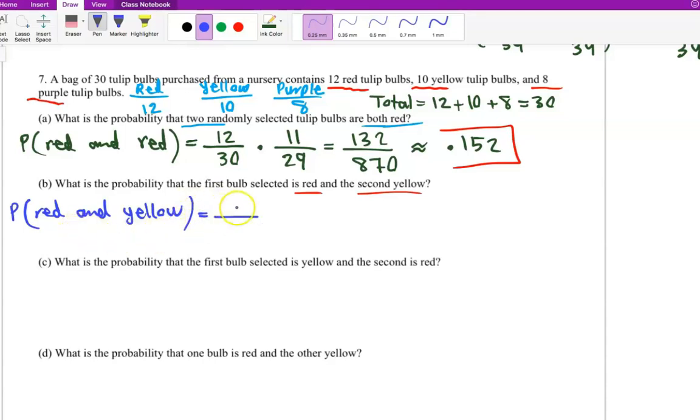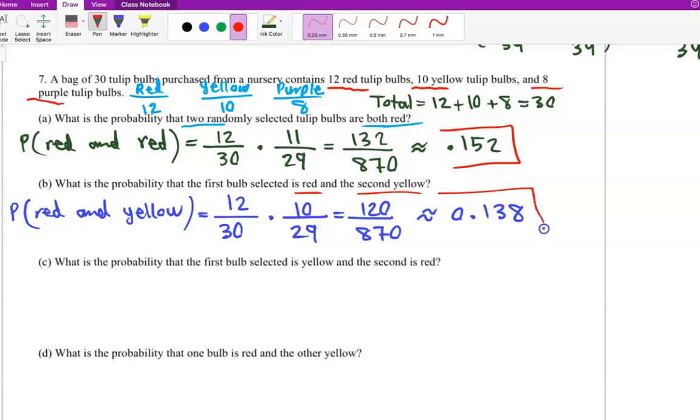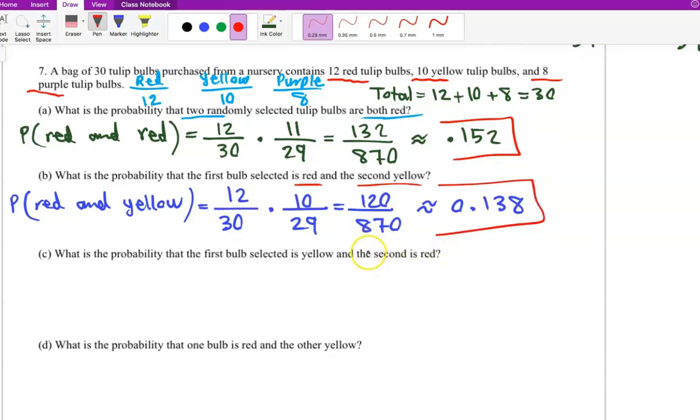So first we have red, we have 30 in total. Then after that we have 29 in total. And how many reds we have is 12 red. And how many yellow we have is 10. Okay, so the answer is 0.138.